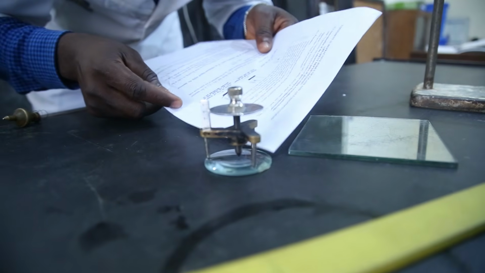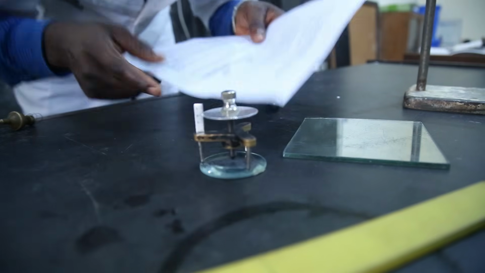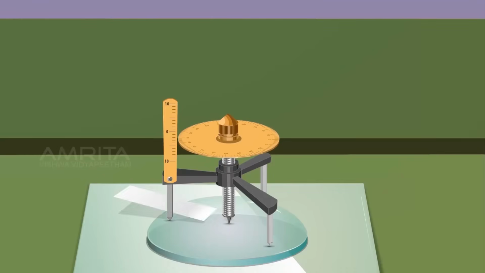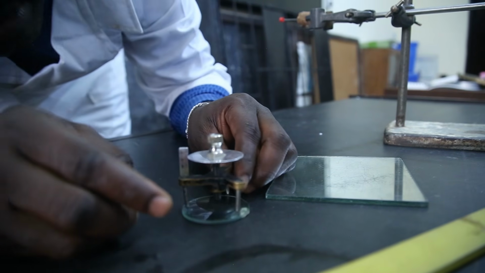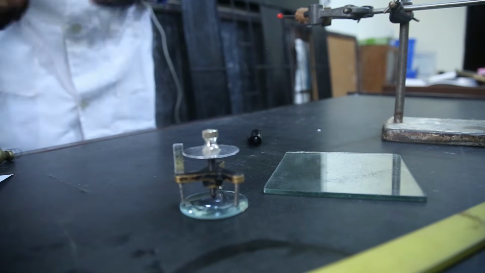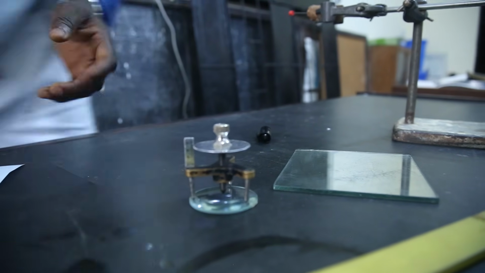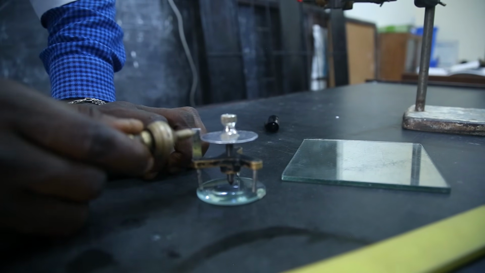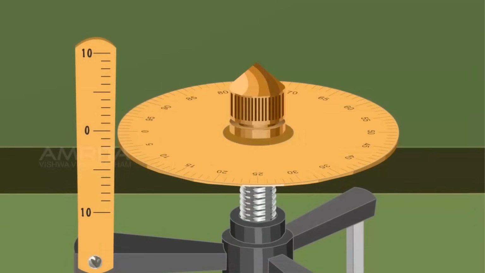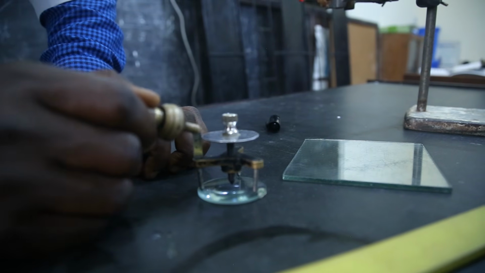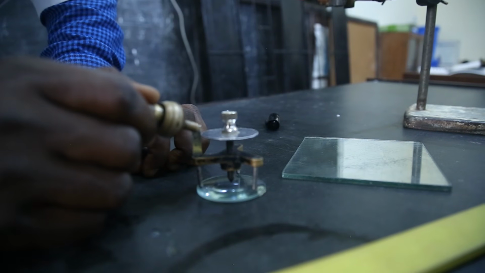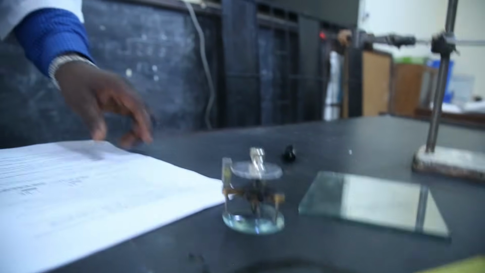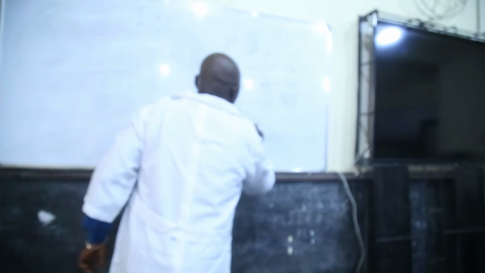If the paper is not moving in, then that means the 4 legs have actually touched the surface of the lens. Then you do the same, just like we have done earlier. Note your main scale reading here, then note your micrometer scale reading here, and add your main scale to that of the vernier scale, and whatever value you have, you regard that as T2.